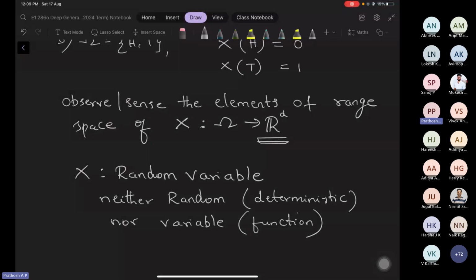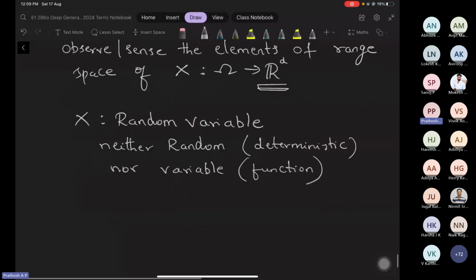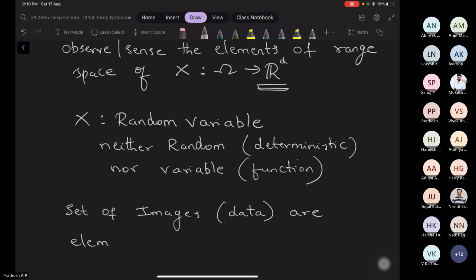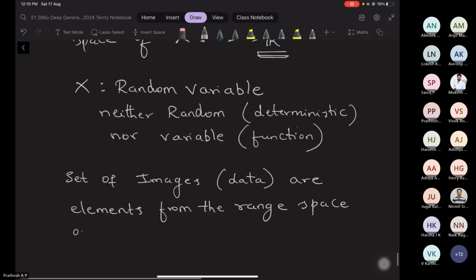Can you see that? The set of images that we have as data, this is what is called data, are elements from the range space of a random variable x that is mapping into this.